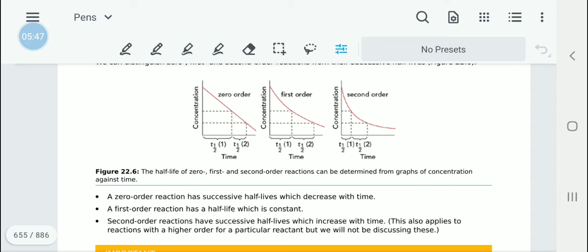First order reaction, half-life is constant. In second order reaction, successive half-lives will increase with time. For the other orders, fourth order, third order, etc., it is also going to increase, but we don't discuss that.